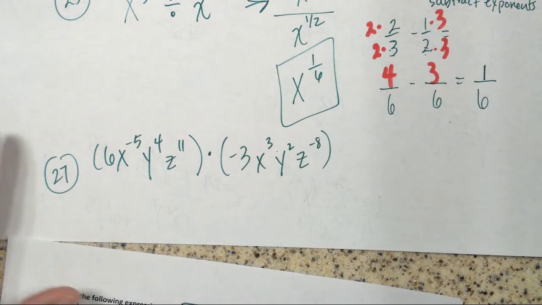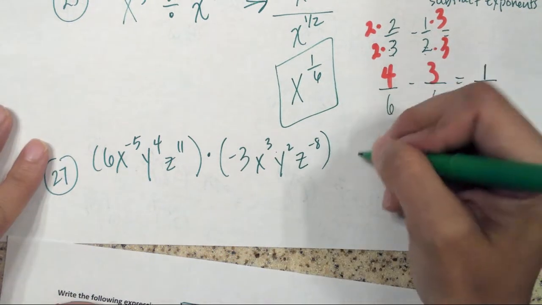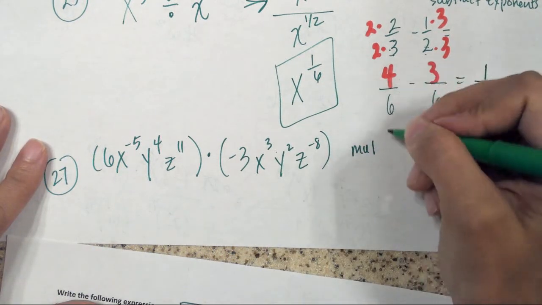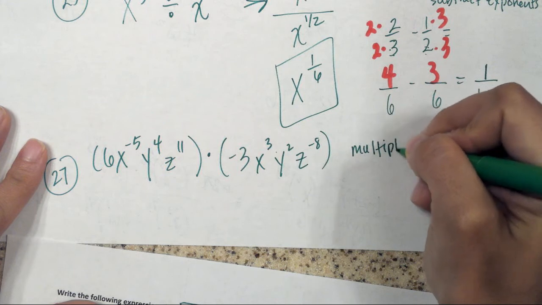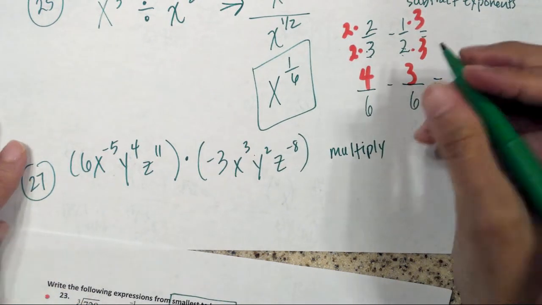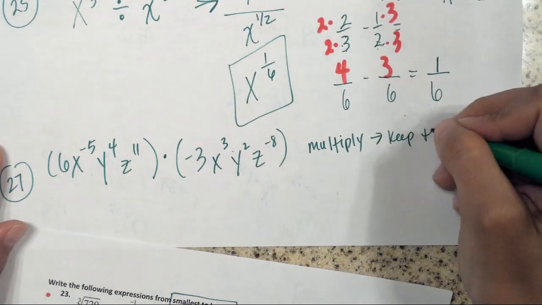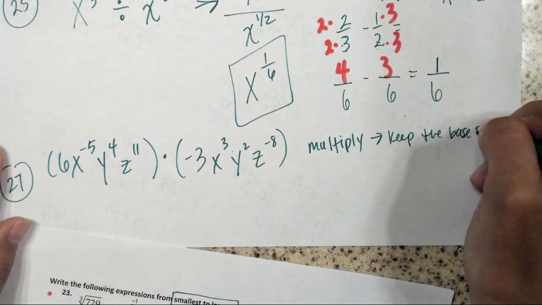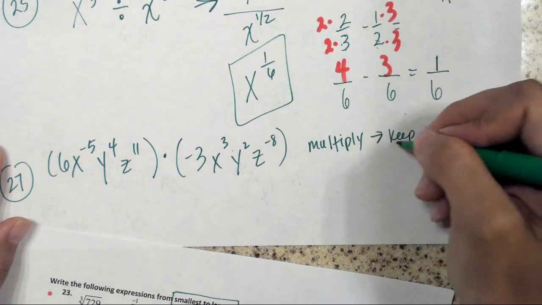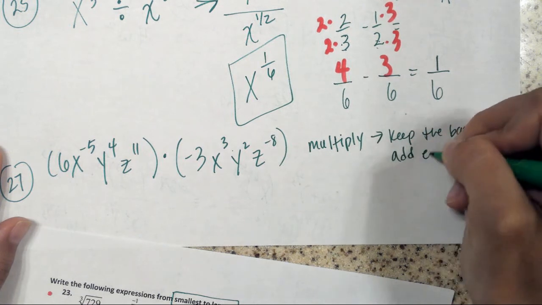Alright, so here there's no dividing, we're multiplying. So when we multiply exponents, instead we keep the bases, right? So keep the base, same thing, keep the base. But now instead of subtracting, we are going to add exponents.